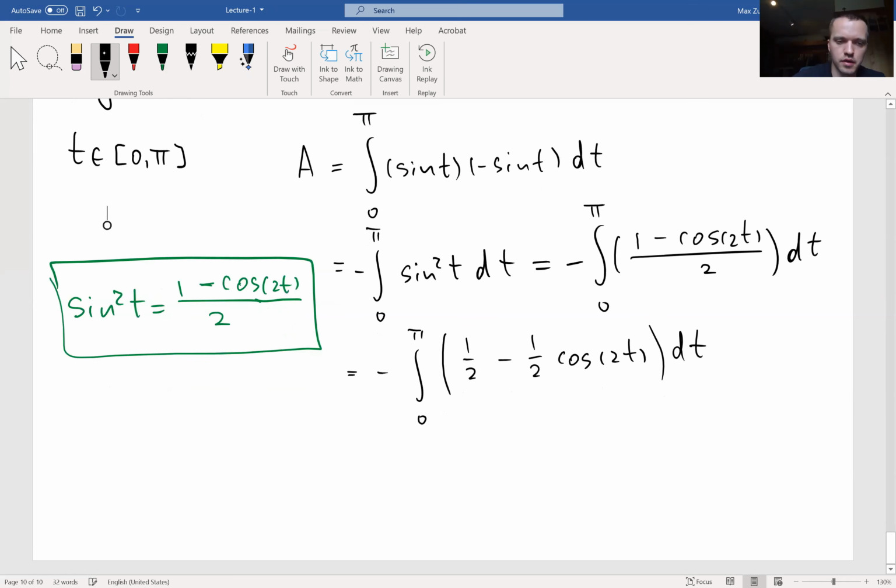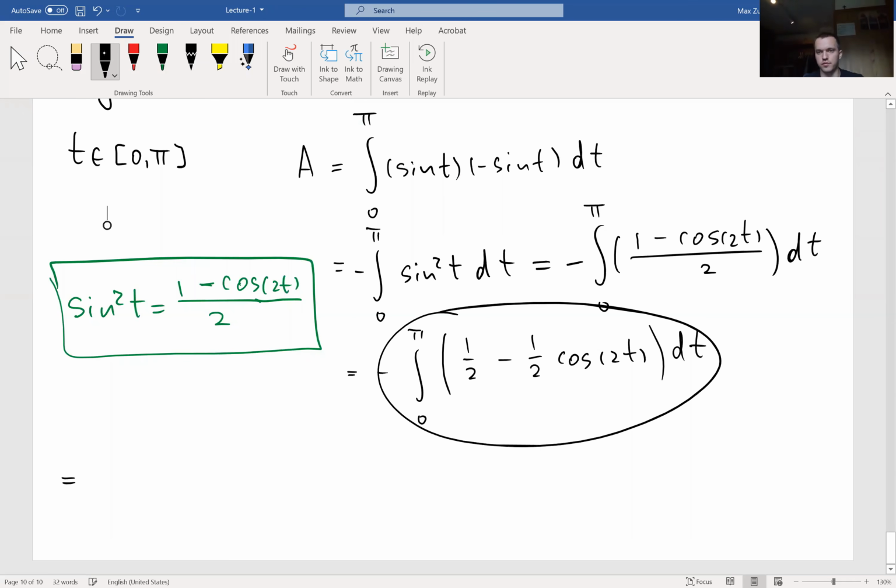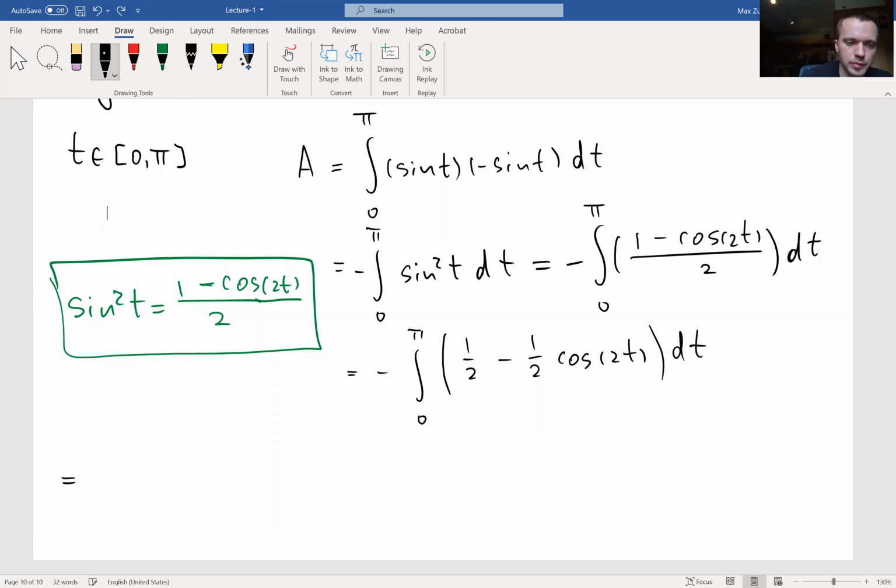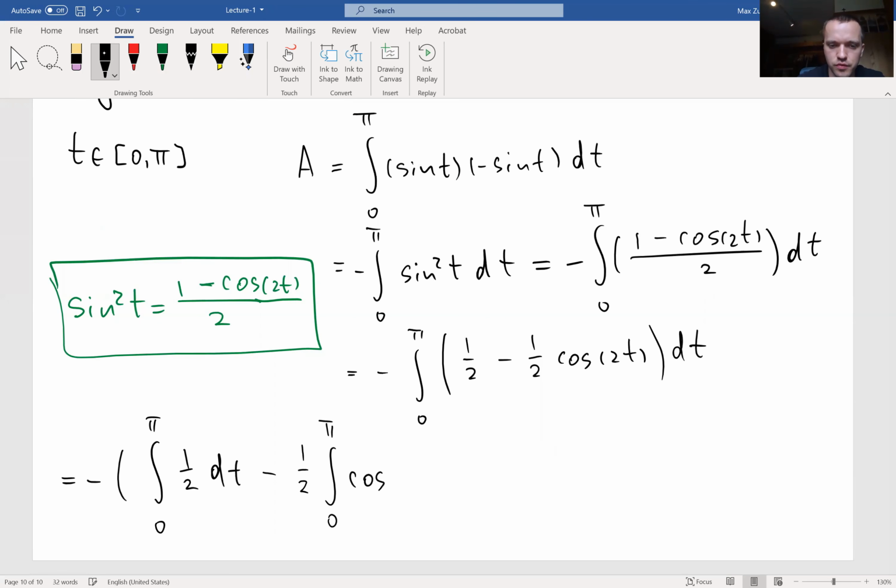And then since I have the integral of the difference of two functions, I'm going to split this integral. So I'm going to have minus the integral between 0 and pi of 1/2 dt minus 1/2. I'm just going to pull the constant out of the integral of cosine of 2t dt.